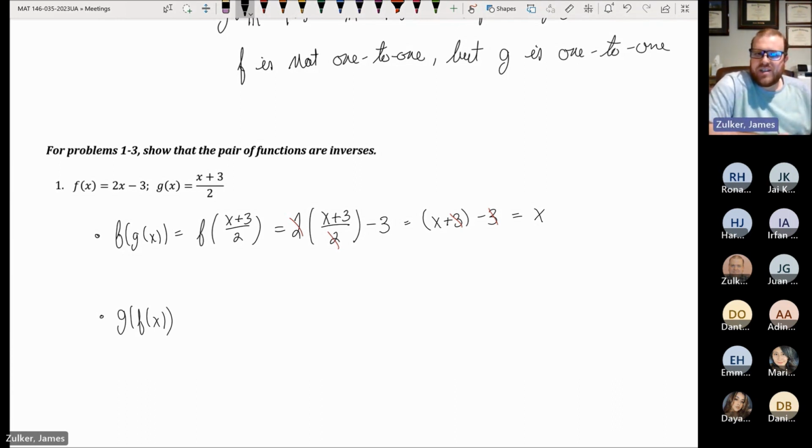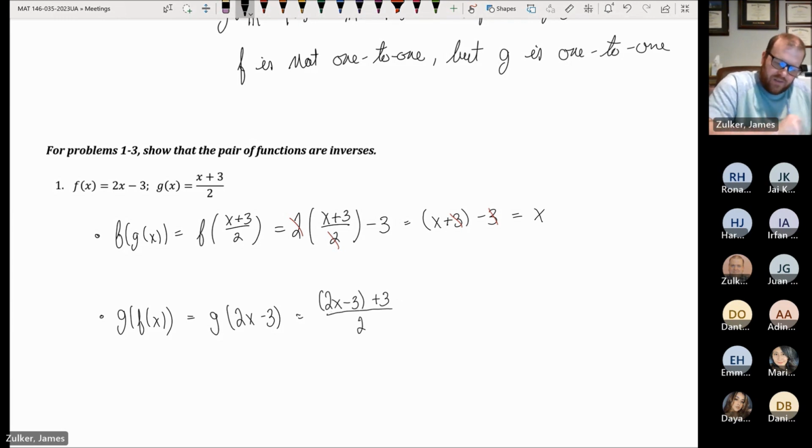Now do the same thing. We want g of f. Right? We want g of 2x minus 3. Everywhere there's an x in g of x, replace it with 2x minus 3. Negative 3 plus 3 is 0. Left with 2x over 2. 2 over 2 is 1.